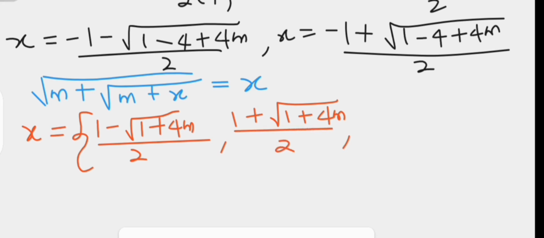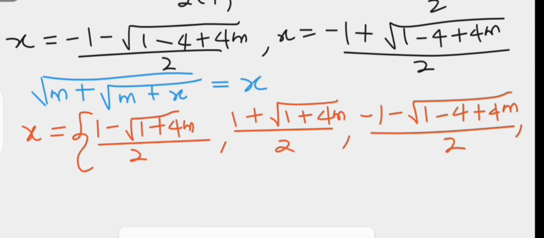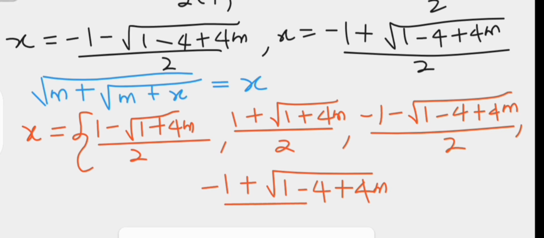The third solution is minus 1 minus the square root of 1 minus 4 plus 4m over 2. And the fourth solution is minus 1 plus the square root of 1 minus 4 plus 4m over 2.